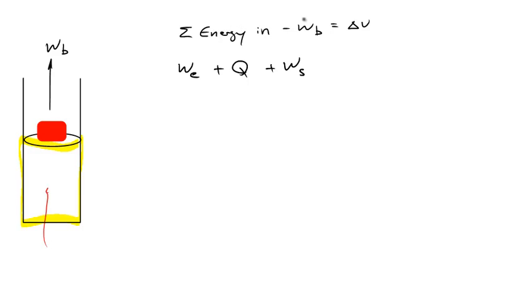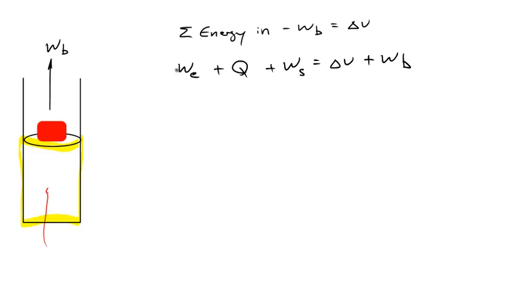And so all the energy coming in, minus the amount of boundary work that the system did, was equal to its change in internal energy. So if we had a kilojoule of electrical work, a kilojoule of heat, and a kilojoule of shaft work, we would expect the sum of delta U plus the boundary work to increase by 3 kilojoules.